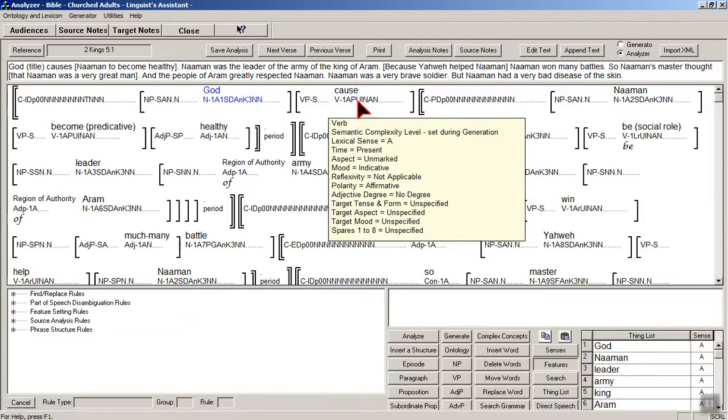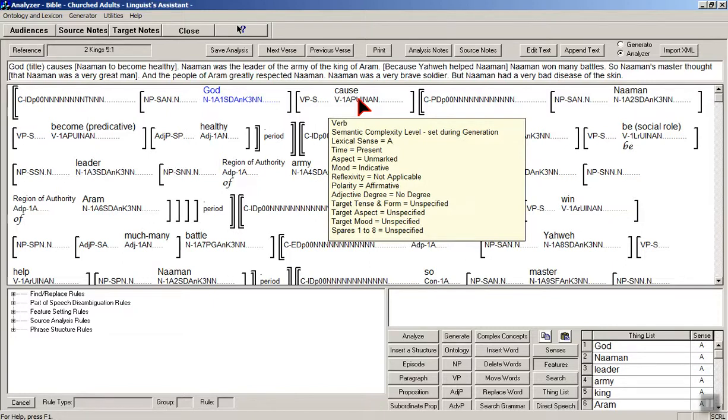Aspect is unmarked. Okay, we'll talk about these when I look at the different choices. If you look down, it says polarity affirmative. So that means that he is causing, instead of God did not cause, then that would be negative.